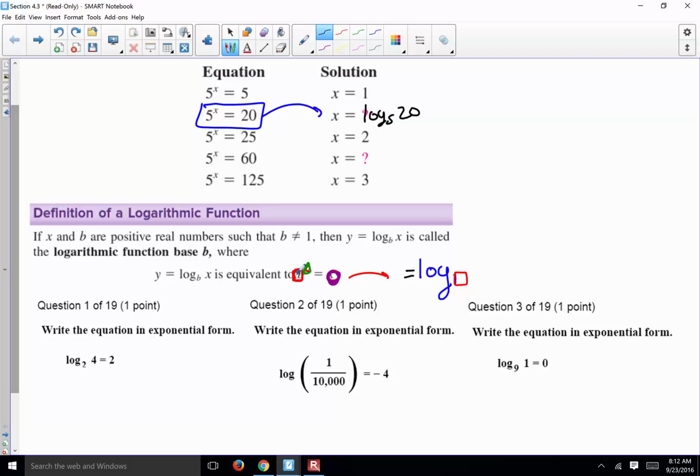Now I know where box goes. The box, or the base of the exponential equation, goes here. Just tell me, where does the triangle go? You have two spots. You can put it here, you can put it there. To the left. Yes. Triangle goes away from the logarithm.